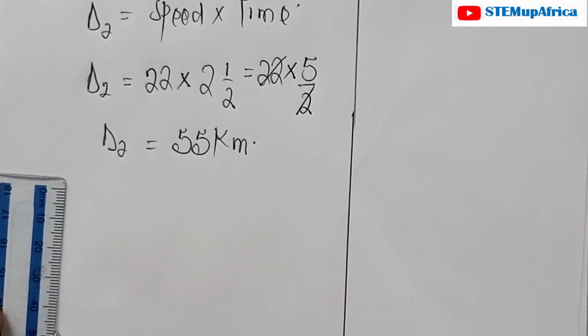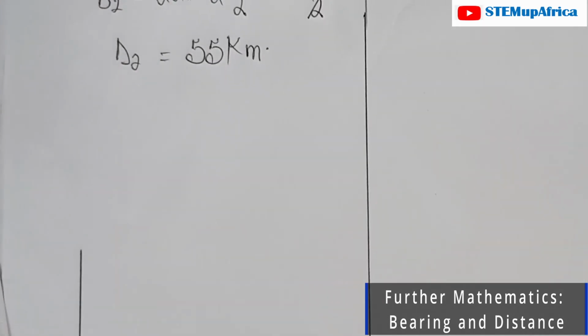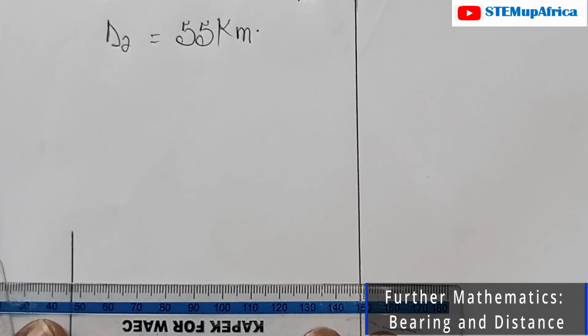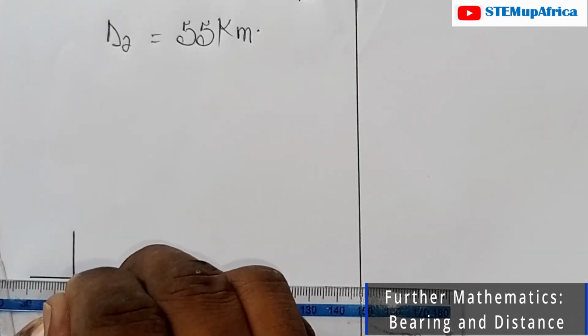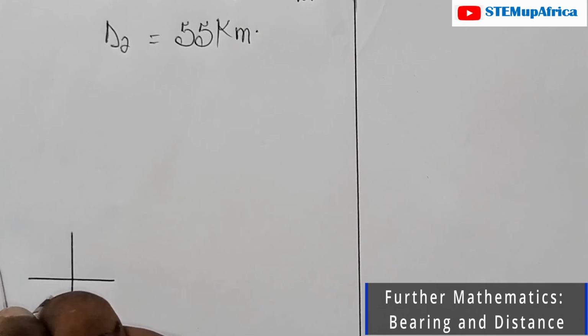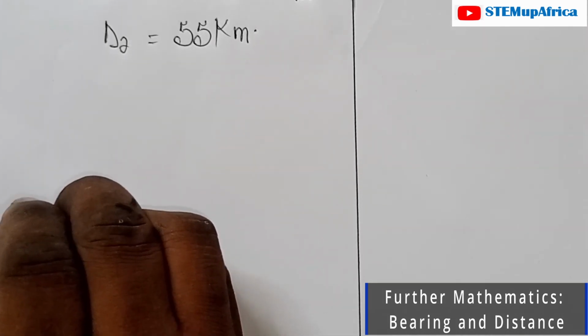This is the airstrip. Let's call the airstrip A. Under it, here is my node, which is 0.